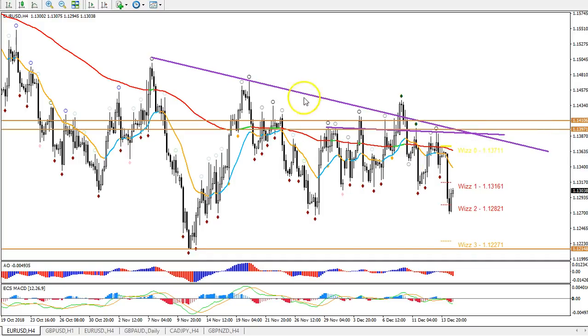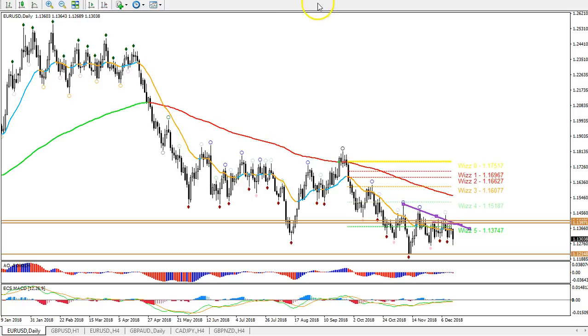Let's take a look at other time frames. Here on the daily chart, you can see what kind of a mess we're in right now. For the moment, there's still head and shoulders potential, looking to play out if it breaks above the neckline. From a WIS perspective, we are in a trending environment since the break of the third. We had a break of the third, a hook back to the third, and a continuation.